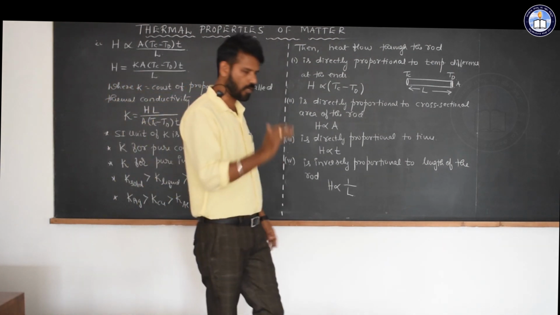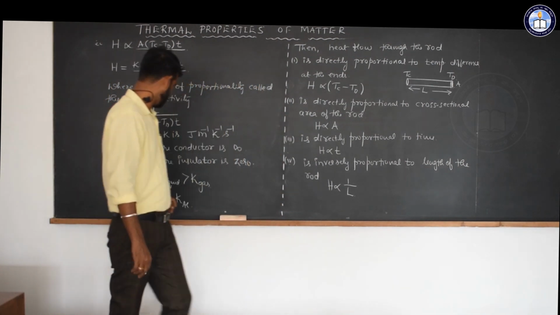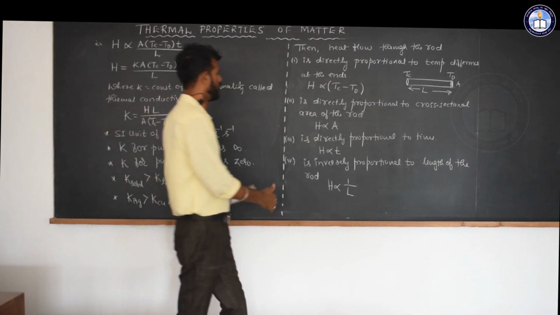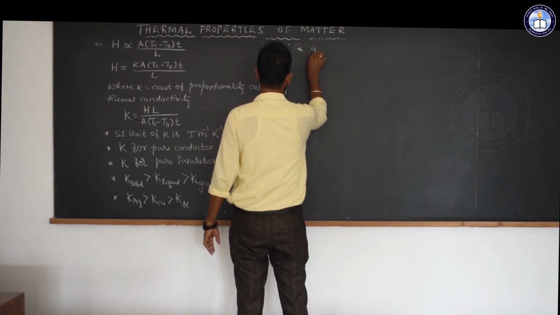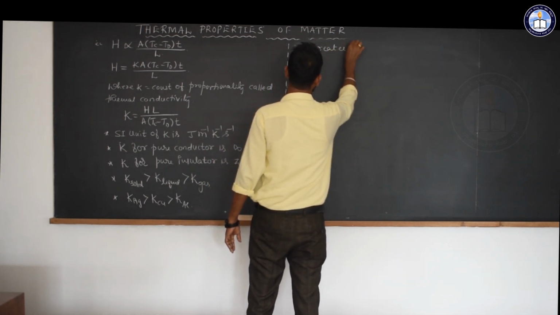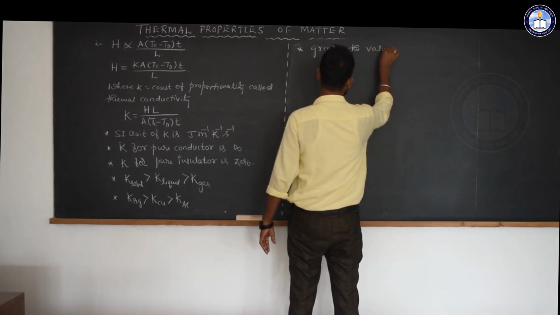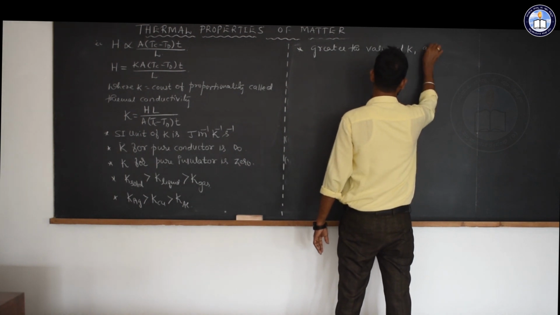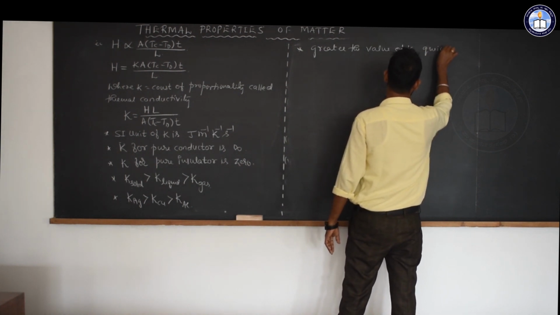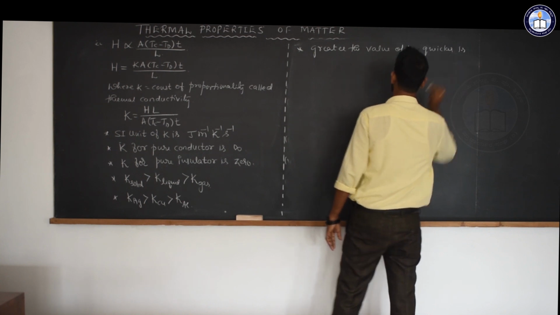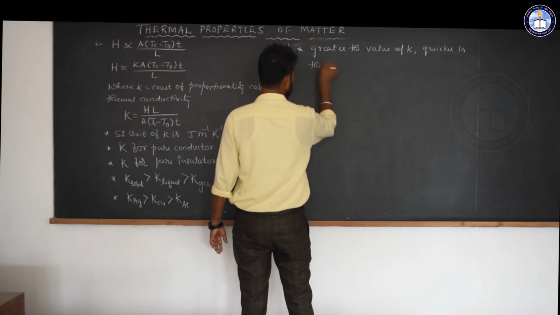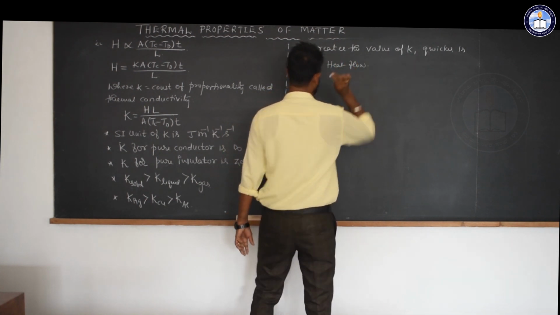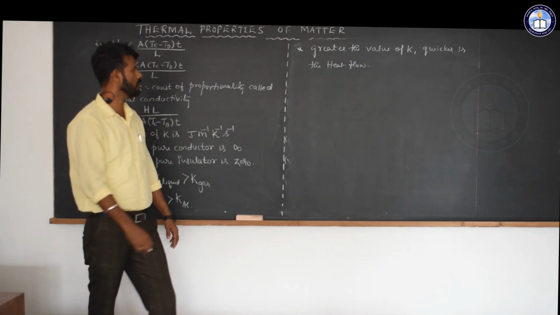So the greater the value of K, the quicker or faster is the heat flow.